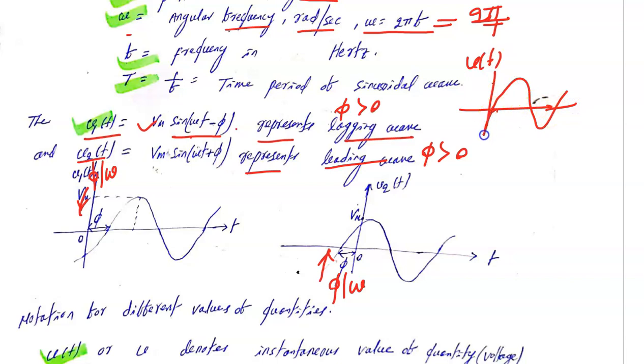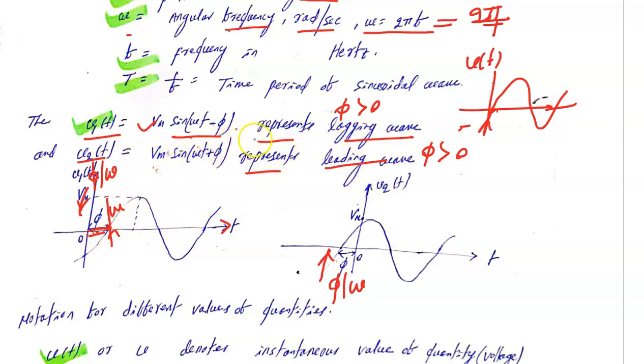If you take the reference from here, the starting point has been moved to this point, so this distance is phi upon omega, that is the time delay. In sinusoidal analysis we call it a lagging wave, because it lags the original wave by a phase angle of phi or a time of phi upon omega.